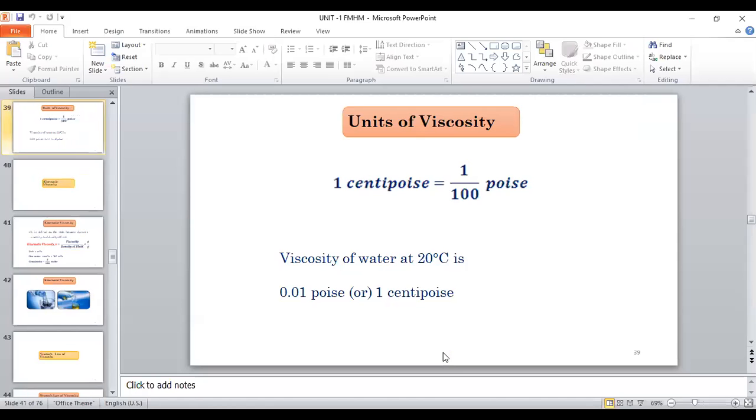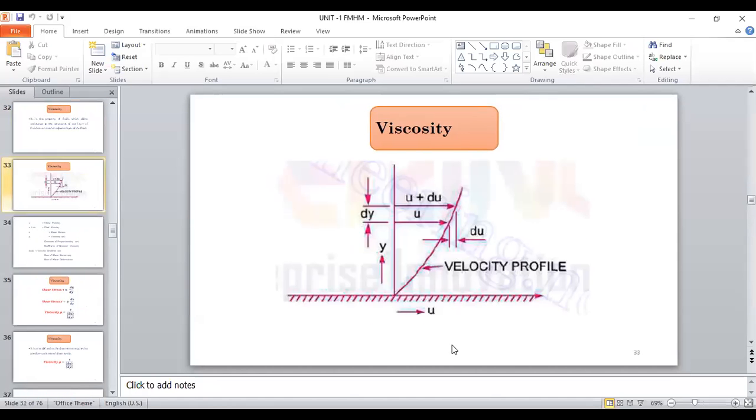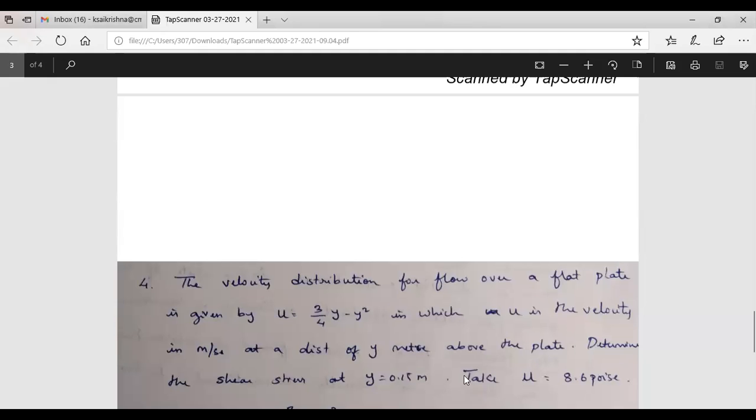I think you have seen here what I showed. Here, this y denotes distance from the plate along the direction, vertically up. Okay, remember this. Above the plate. Determine the shear stress at y equal to 0.15 meter. Take mu equal to 8.6 poise.